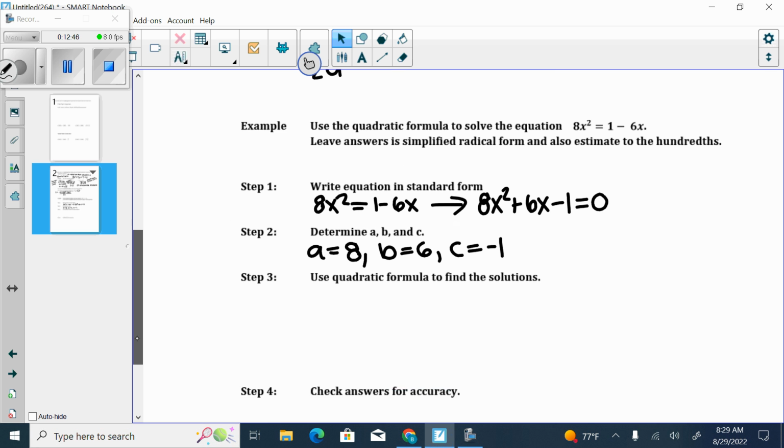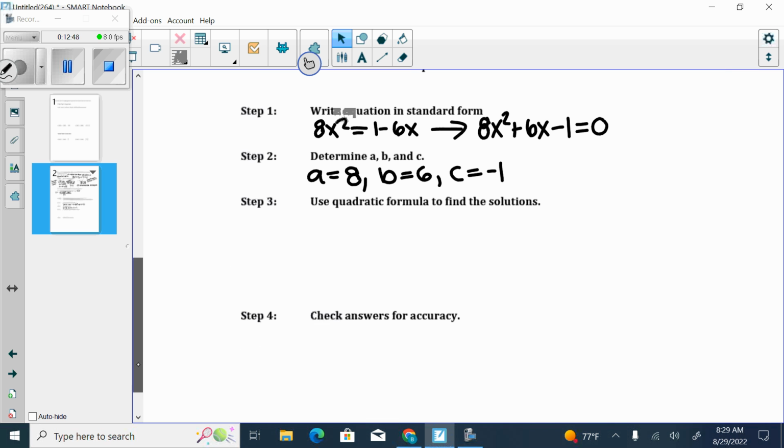So now it says to use the quadratic formula to find the solutions for these. So we're going to have x equals, the formula is negative b. And what's our b? Good. Plus or minus the square root of b squared, 6 squared.